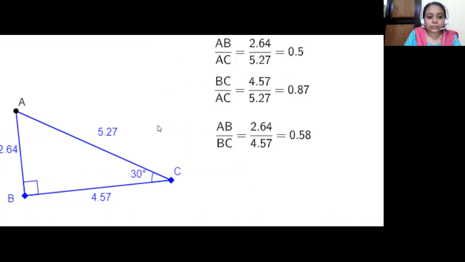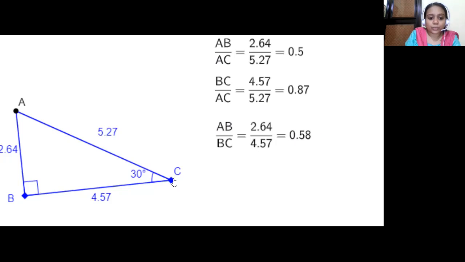And we know the side opposite to 30 degrees is the opposite side. And BC is our adjacent side. And AC is our hypotenuse. So I just want to take the ratios of opposite side to hypotenuse, adjacent side to hypotenuse, and opposite side to adjacent side. So I have found the ratios. It's 0.5, 0.87, and 0.58.